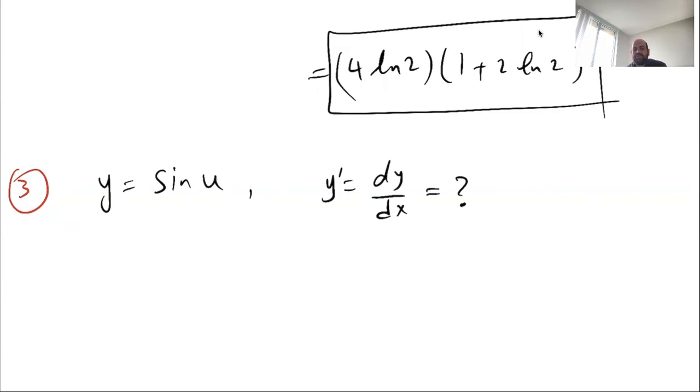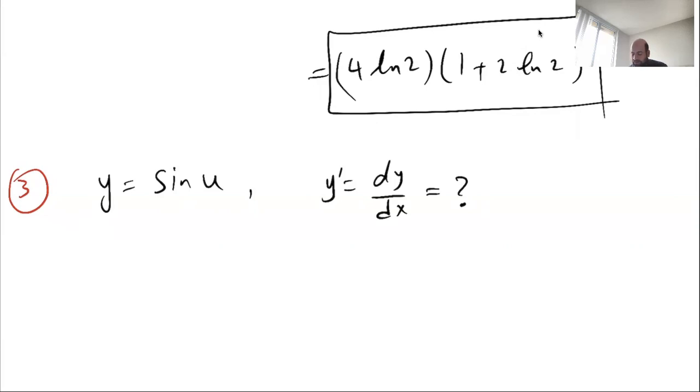We explained that chain rule says that if you replace x with u, just do the differentiation as if you had x. But sine x derivative is cos x. So is it safe to say sine u derivative is cos u? Almost. Why almost? Because yes, cos u, but then multiply it with u prime. Chain rule says you have to multiply it with u prime at the end.